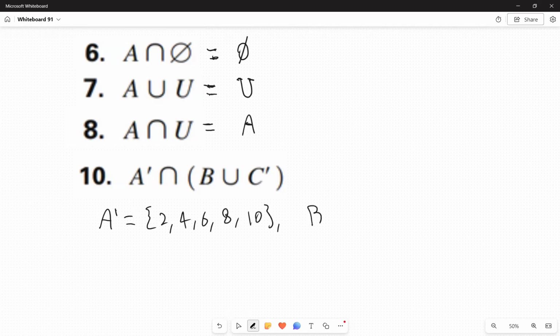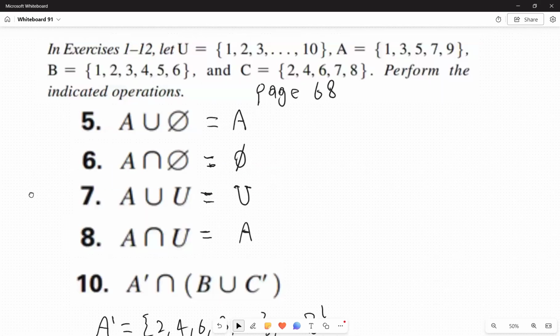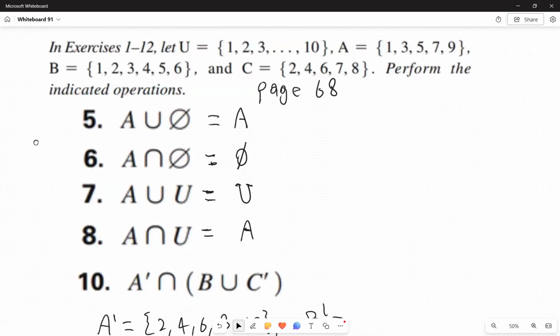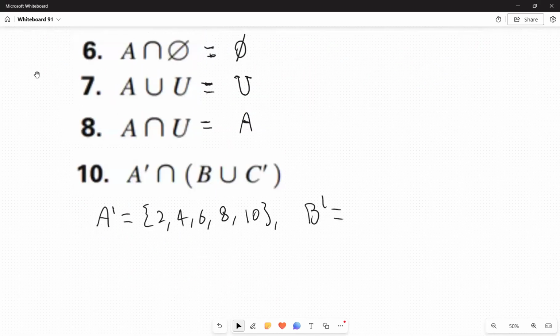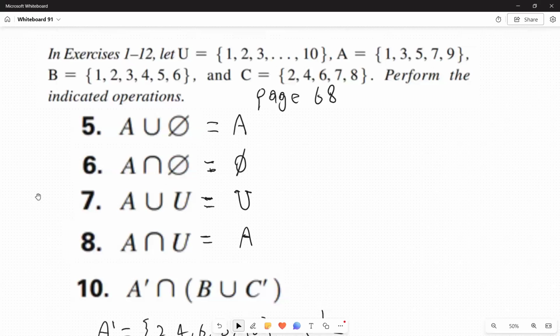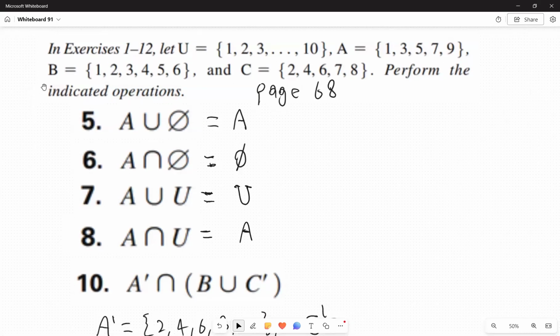Actually, I'm looking for C complement. Those are going to be the sets involved in this operation. So C complement is going to be the elements of the universal set that are not in C. And those are 1, 3, 5, 9, and 10.